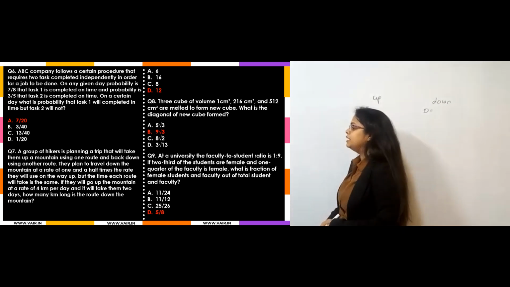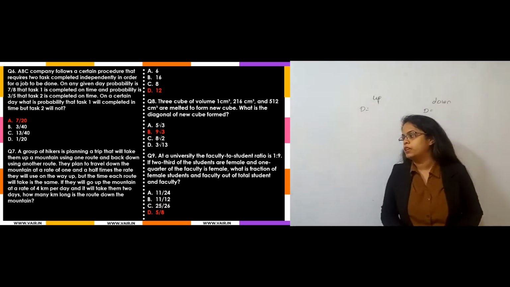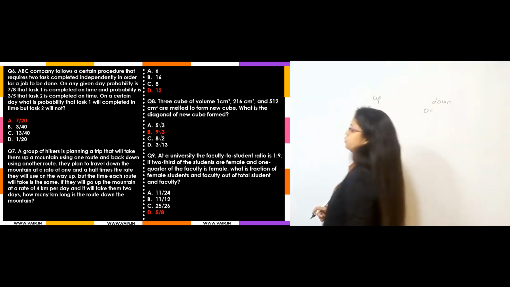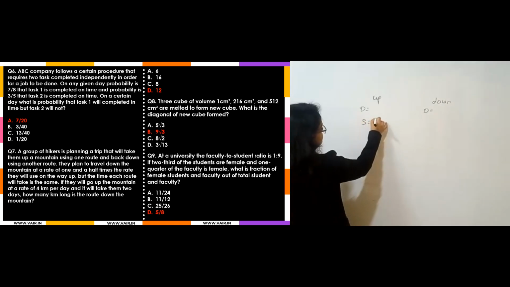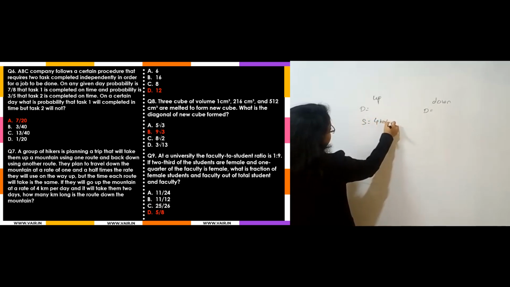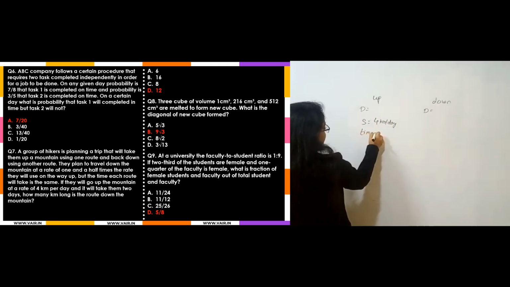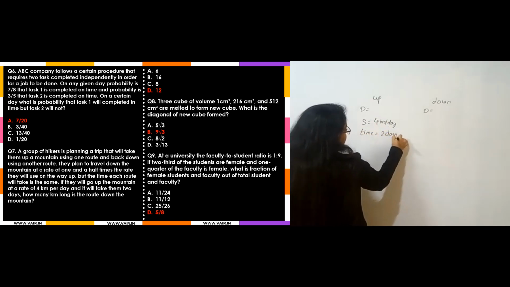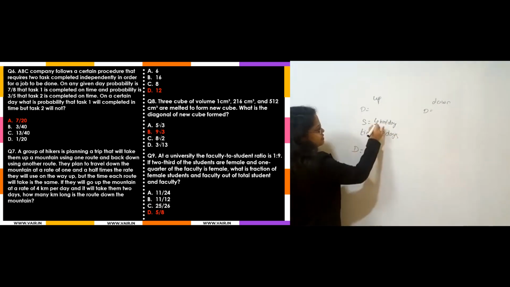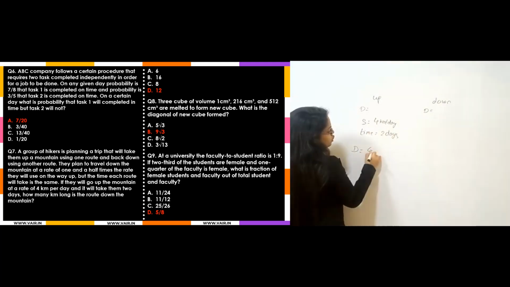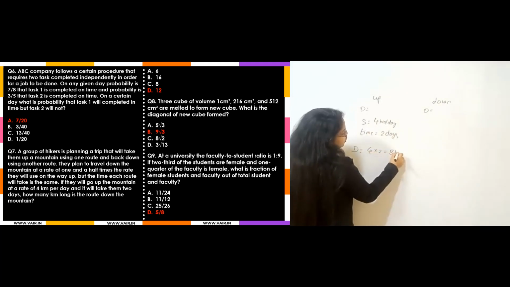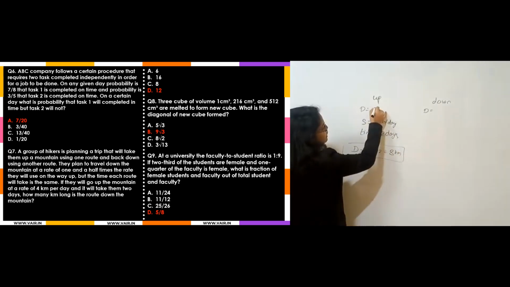Then they are saying that if they go up the mountain at the rate of 4 km per day, that means S is 4 km per day and they require 2 days. That means time required is 2 days. If time required is 2 days, you can say that distance was equal to 4 km into 2, that means 8 km was the distance for the up.